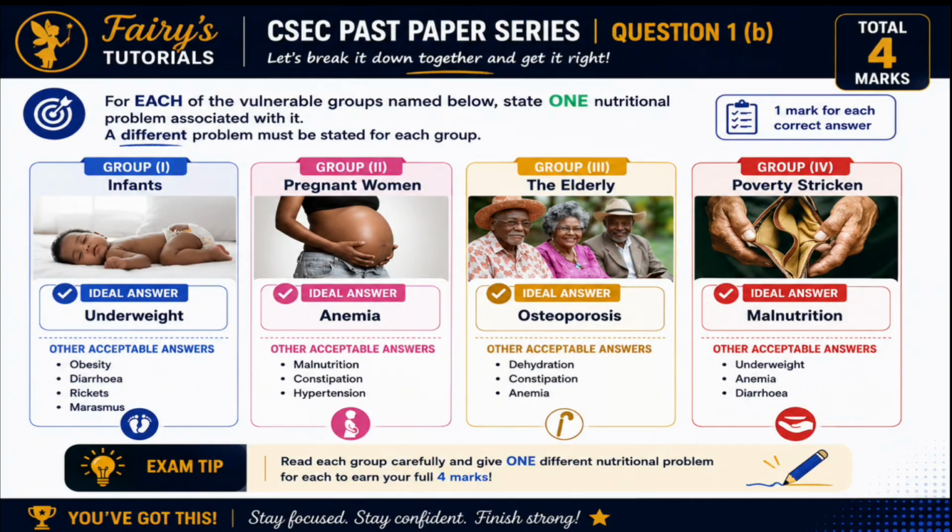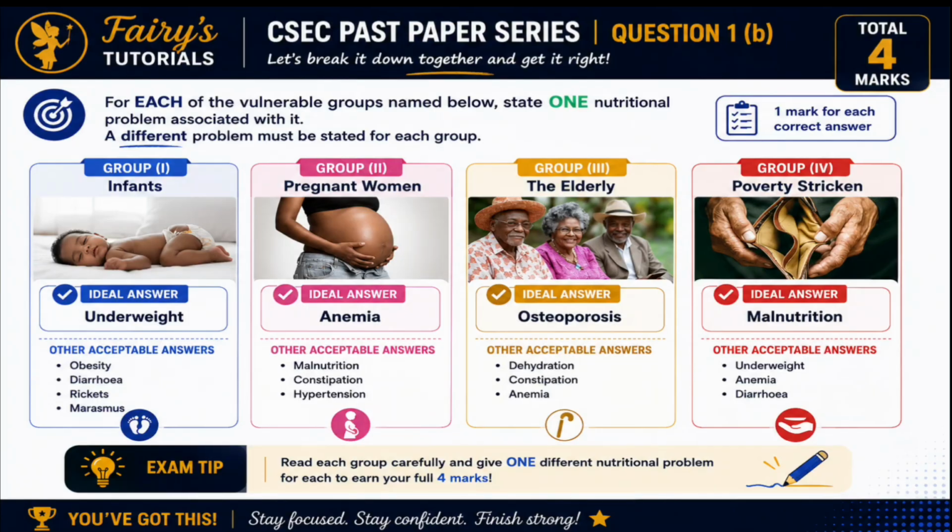Now, as it relates to the elderly, the ideal response could include osteoporosis. Other acceptable answers: dehydration, constipation, and anemia, right? And our final group, or fourth group here, which is poverty-stricken, ideal answer there is malnutrition. Other acceptable answers could also include underweight, anemia, and diarrhea.